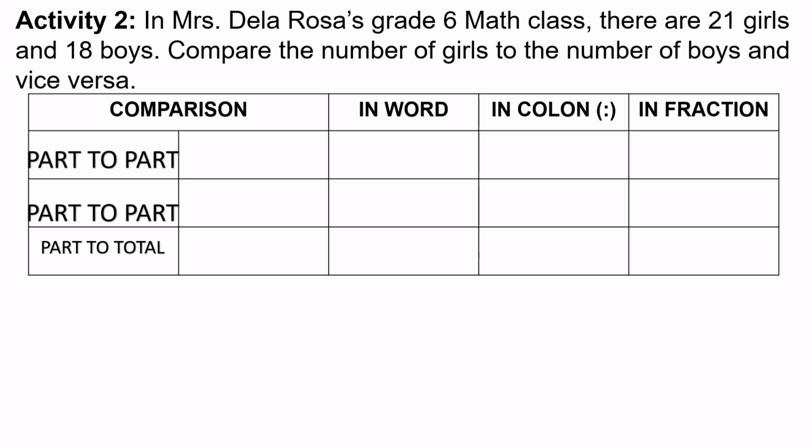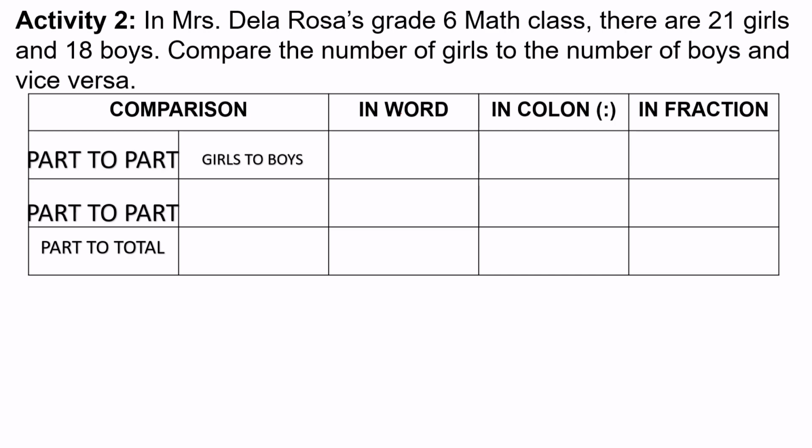Pwedeng number of girls to the total number of pupils ni Mrs. De La Rosa, or pwede rin boys to the total number of pupils ni Mrs. De La Rosa.